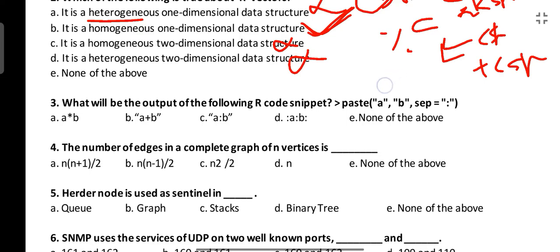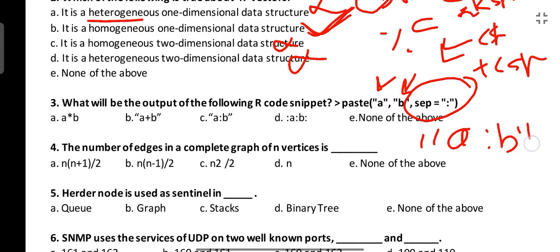There are two parameters A and B, so it will create a character string, and if there is a separator, it will separate the two parameters with this separator. So it will create a character string A separated by colon, then B. That's it. So the correct option will be in double quotes "A:B". That is this character string. Option C is the correct answer.